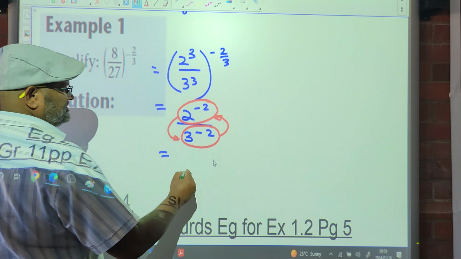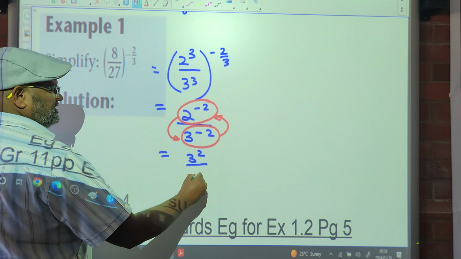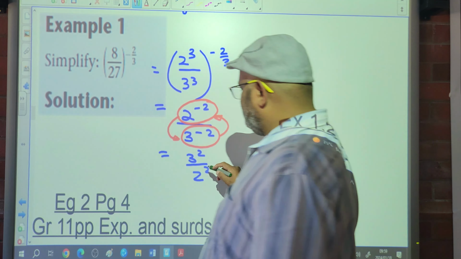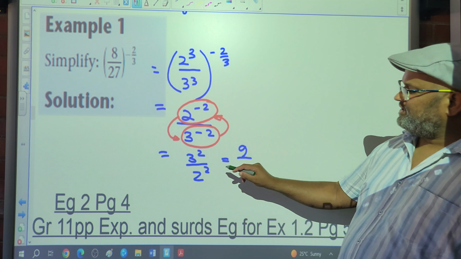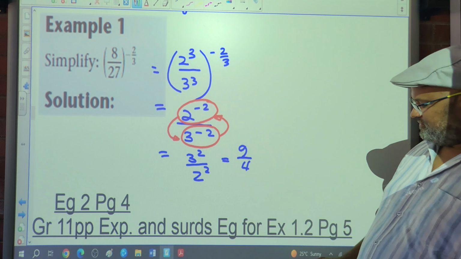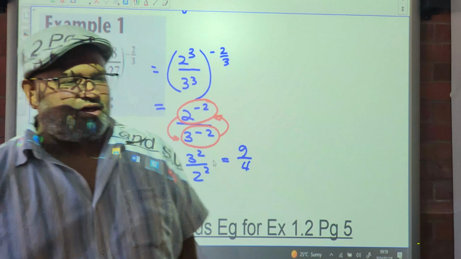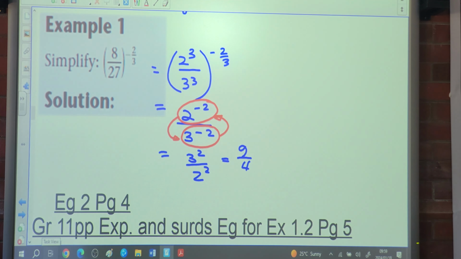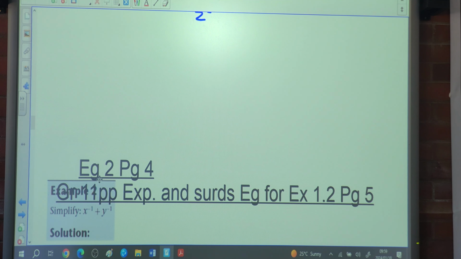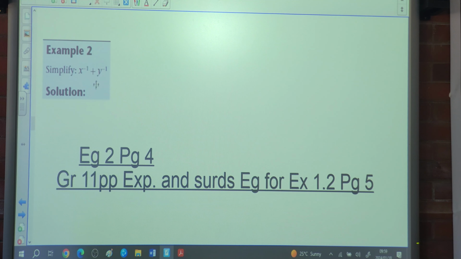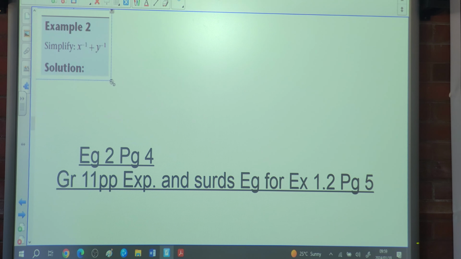So it's going to be 3 squared over 2 squared. So what's 3 squared? 9 over 4. Again, I could have put that in a calculator and gotten 9 over 4, but I wouldn't have gotten any marks for this. The sum would have been 3 marks in your exam. Let's look at the next one. Number 2, I think this is the last example.